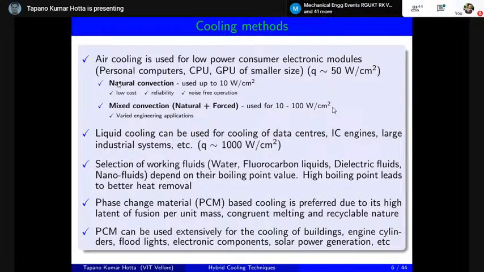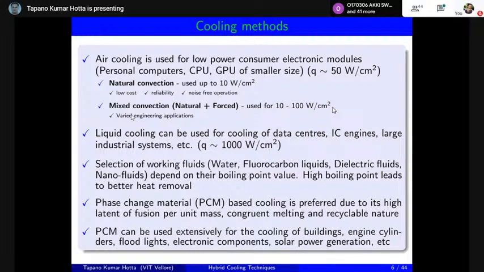Now the air cooling can go for either a natural convection mode or a forced convection mode. But nowadays, a lot of researchers have focused on the mixed convection mode, because in mixed convection we consider both natural convection as well as forced convection. How is it possible here? Suppose you consider the same laptop, and you are just doing some typing work or some documentation work. During that time the amount of heat generation from the laptop is very low.